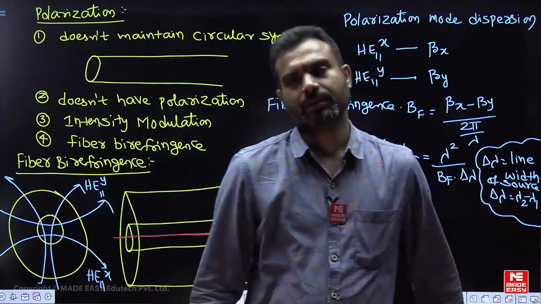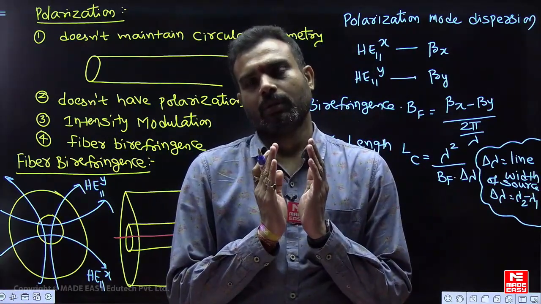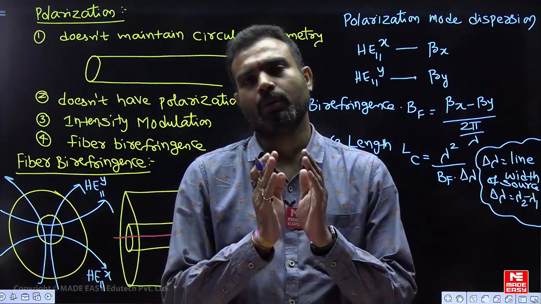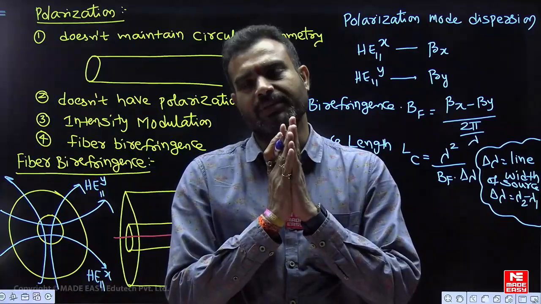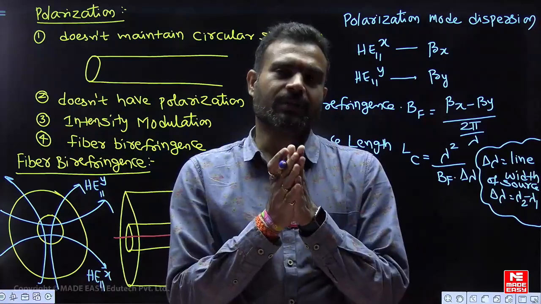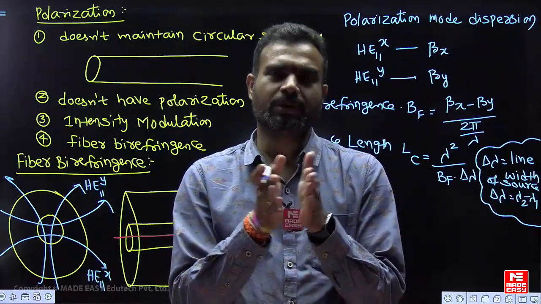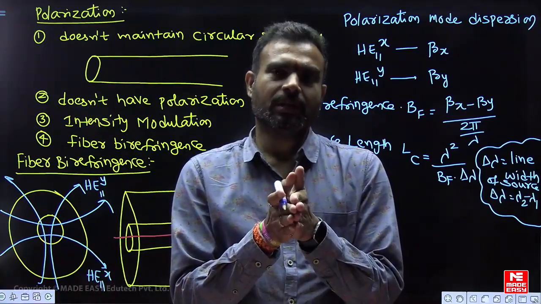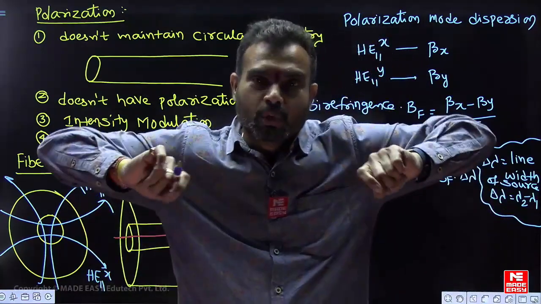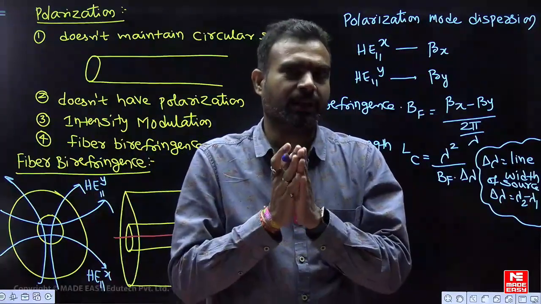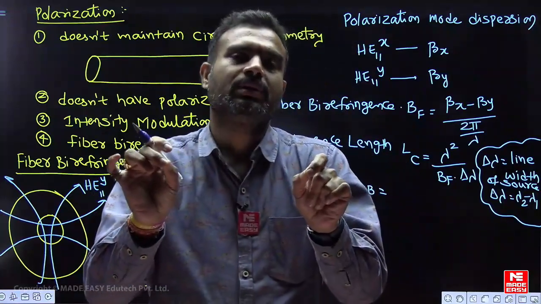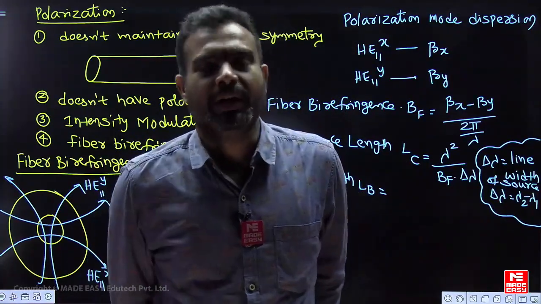Up to now I told this point: the length the two modes travel together, with the same phase, is called coherence length. After separation, the two degenerate modes travel a length to have a phase difference of 2 pi.